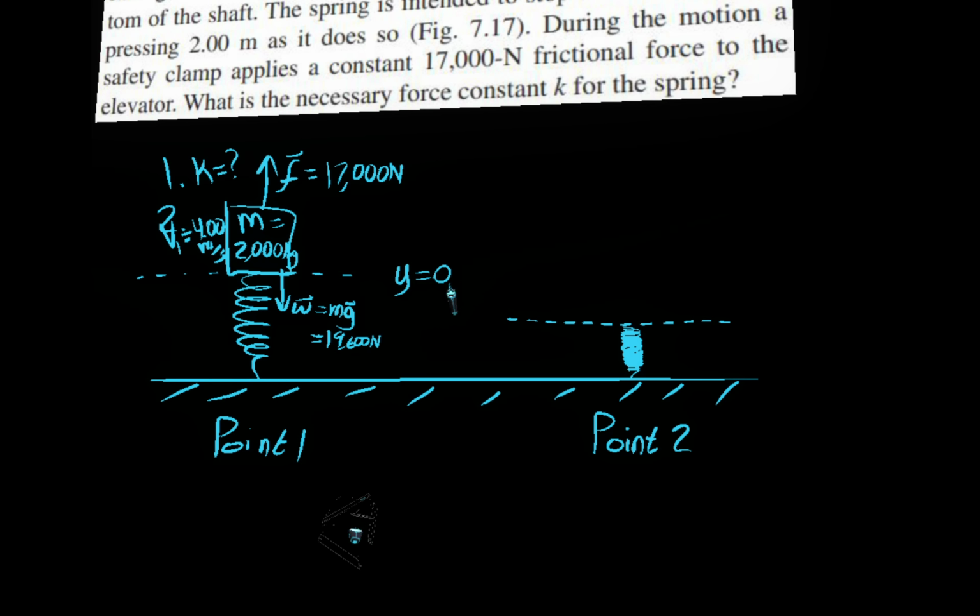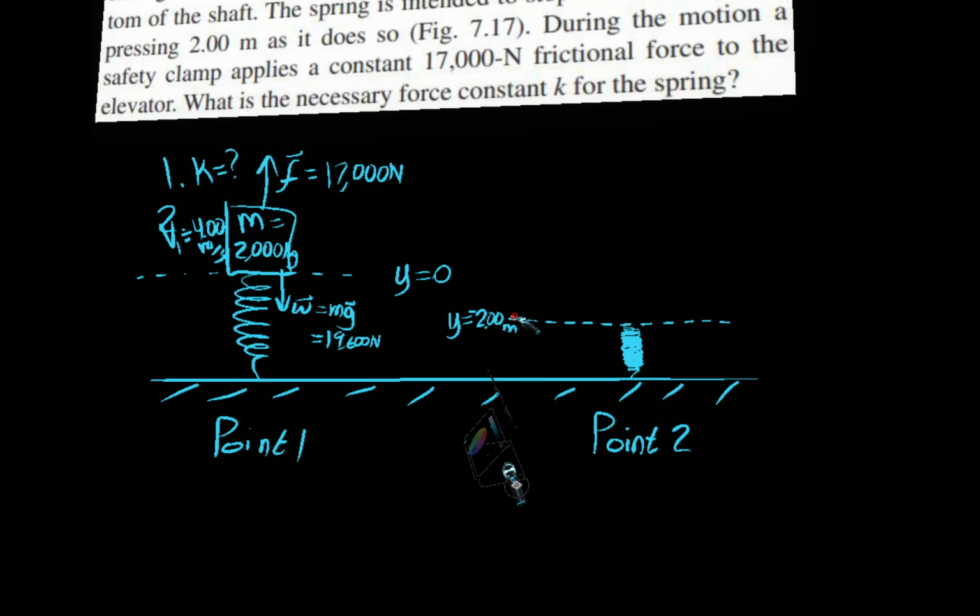Because if this is 0, and gravity works down, and y increases in the upwards direction, then y is something negative here. It's negative 2 meters, because that's where we want the spring to stop, 2 meters.